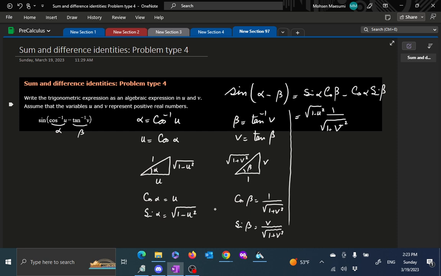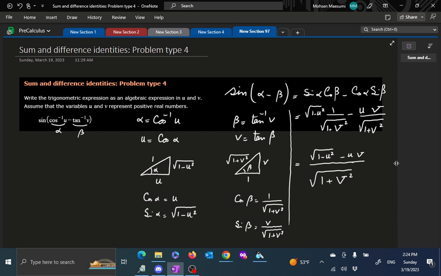Then minus cosine of alpha, which is just u, times sine of beta, which is v over the same expression, radical 1 plus v squared. So we might as well take a common denominator of radical 1 plus v squared. The numerator is radical 1 minus u squared, and this one is just minus uv. That is the answer to this problem.